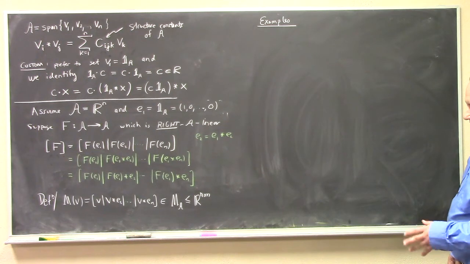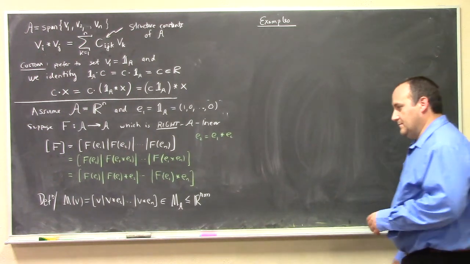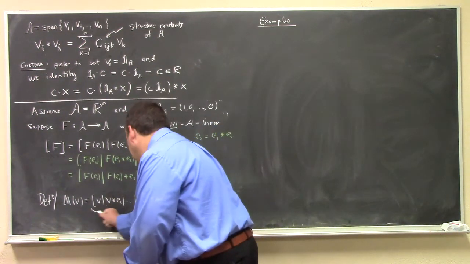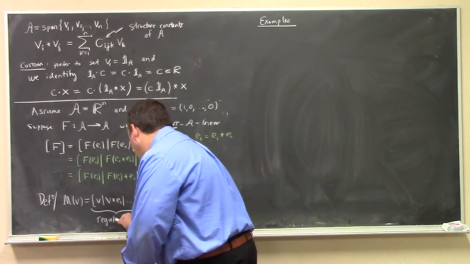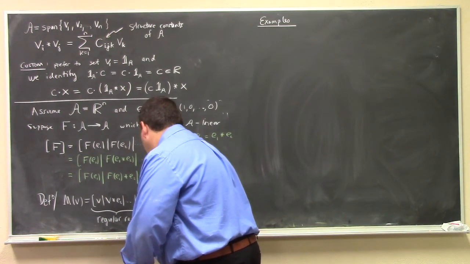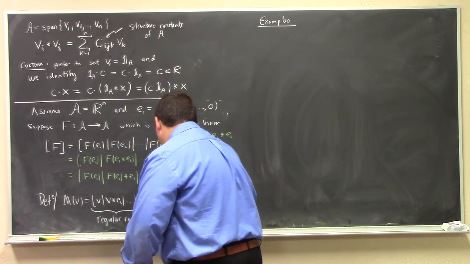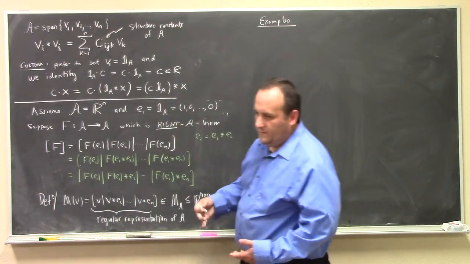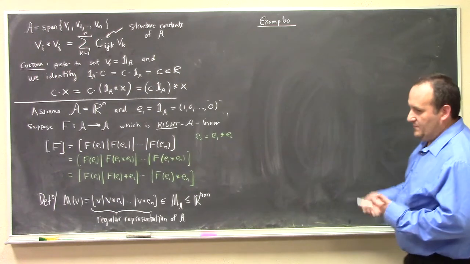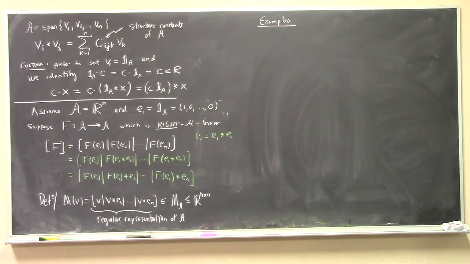And matrices like this are sometimes called the regular representation of A. So we can in fact prove this set of such matrices is isomorphic to the algebra itself. All right. And in fact, when we dig into it, it's more than that.